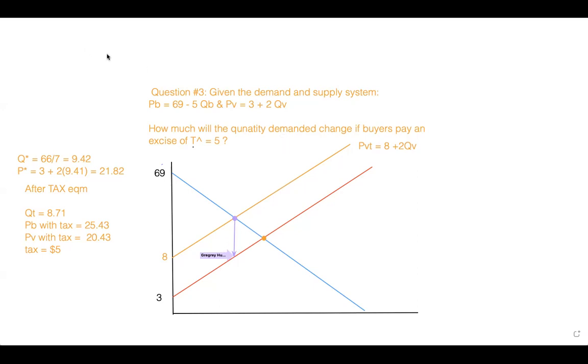So just remember, and hopefully this is clear, I'm being super slow in explaining this, but this distance here is equal exactly to the tax, right? So the distance over here is equal to the tax as well. And so can you see that, Brian?